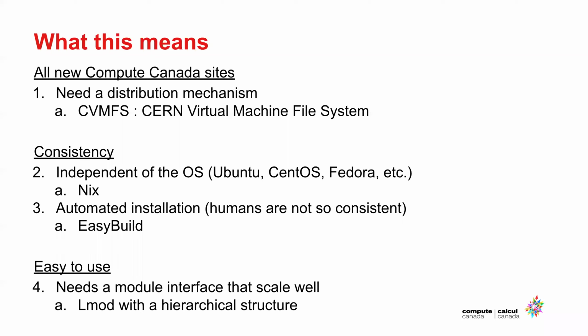It's somewhat of a competitor to Spack, which you might have heard of and which is developed by Lawrence Livermore. But we chose EasyBuild at the time, and we'll stick with that. And for ease of use, because of the large number of software, we definitely wanted to have a hierarchical module tree, and that was enabled by Lmod, which is developed at TACC, which some of you might know.